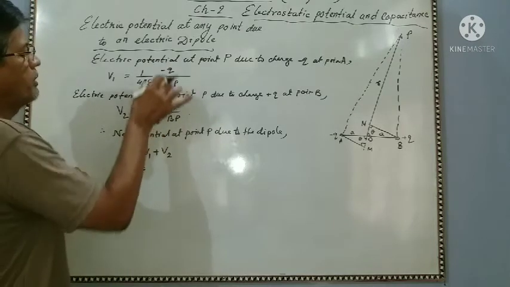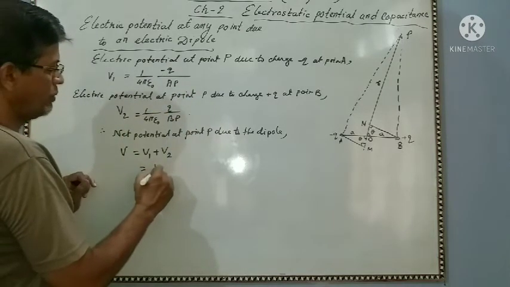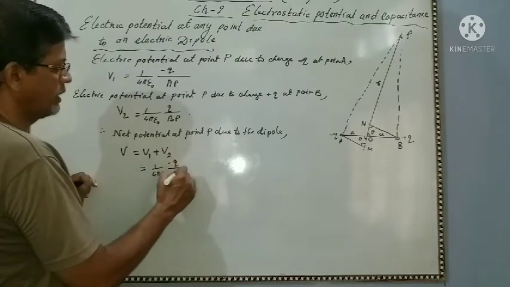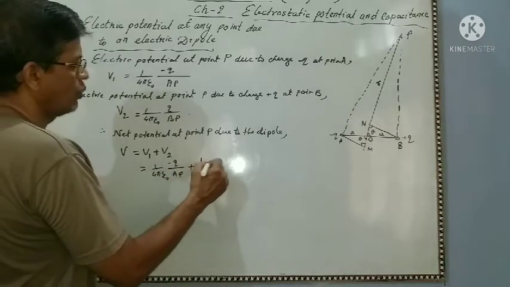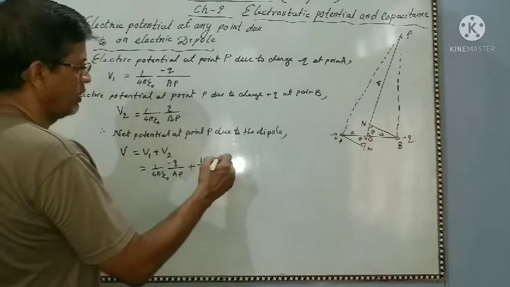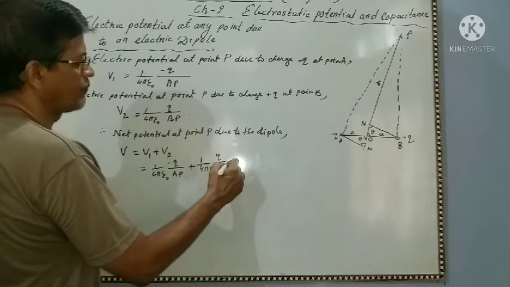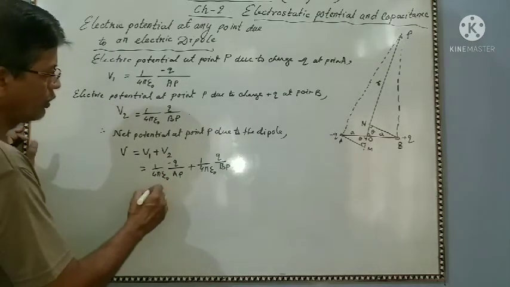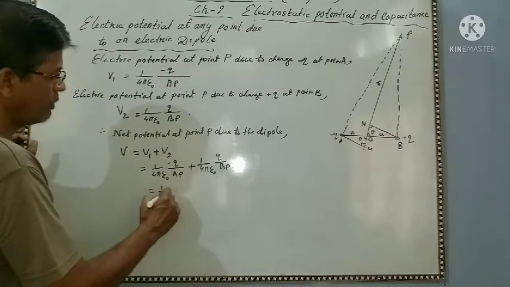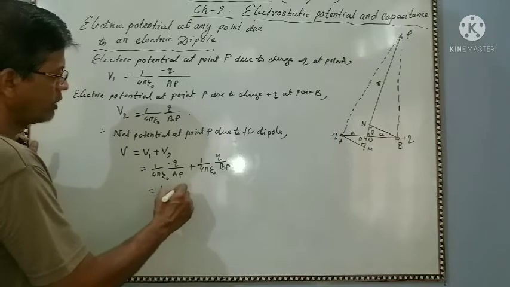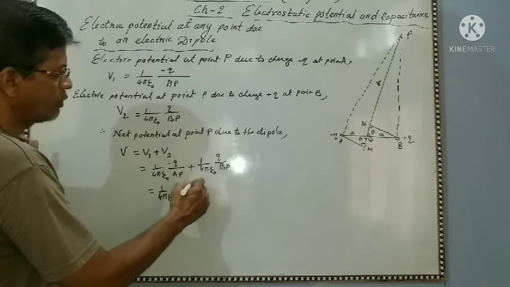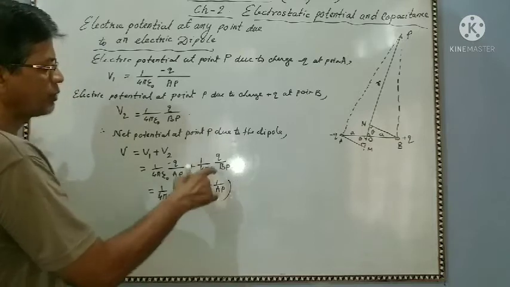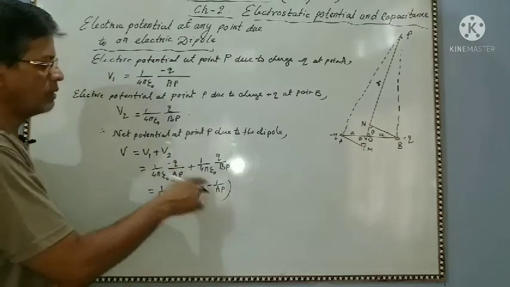So 1 by 4 pi epsilon naught, minus q by AP, plus 1 by 4 pi epsilon naught, q by BP. Now you see, 1 by 4 pi epsilon naught q is common. The positive term is written first, 1 by BP, and the negative term, minus 1 by AP, is written later.